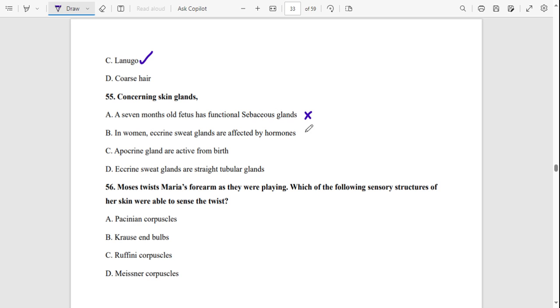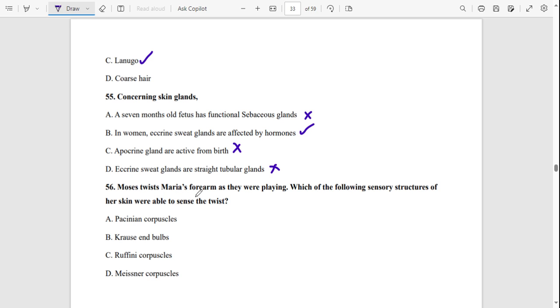They are actually affected by hormones, including those that influence the absorption of salts and water, like aldosterone. Apocrine glands are active from birth. This is not true. Eccrine sweat glands are straight tubular glands. This is not true. These ones are not straight tubular, but they are going to be branched.